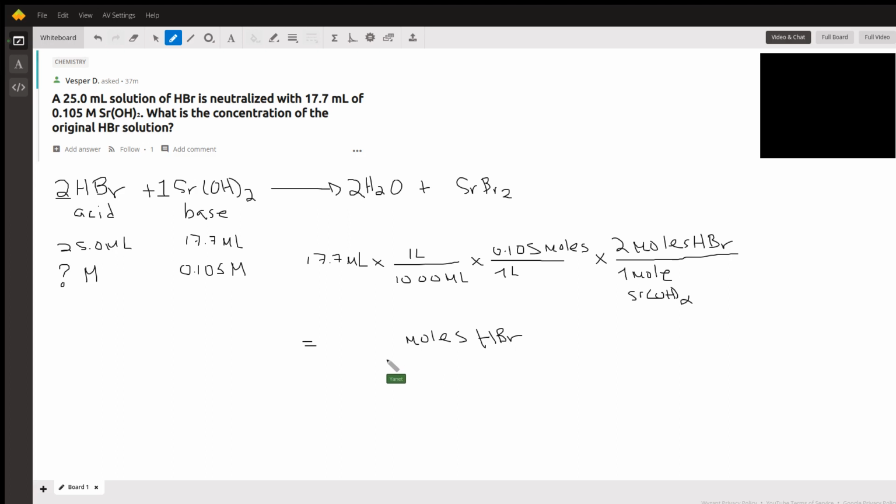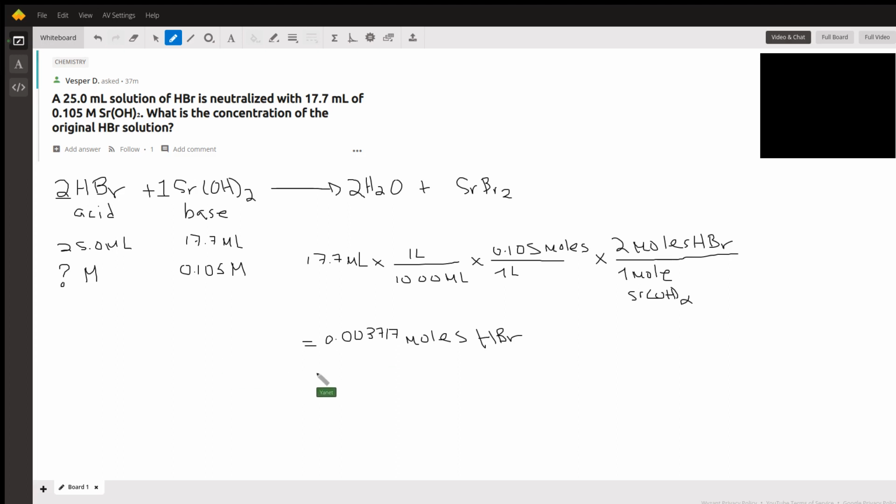When you place it in the calculator, remember that what's on the top multiplies, what's at the bottom divides, and I get on my end 0.003717. But this is not our final answer because this needs to be converted to the concentration, which is molarity.